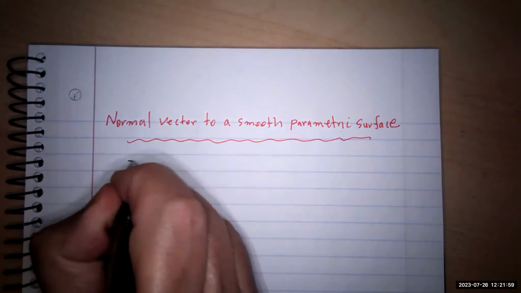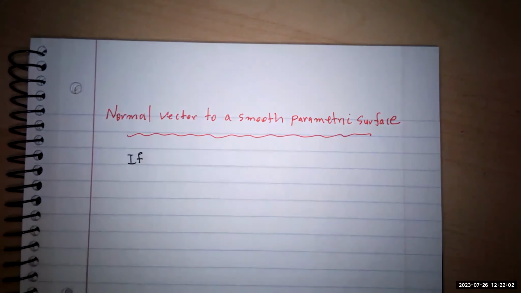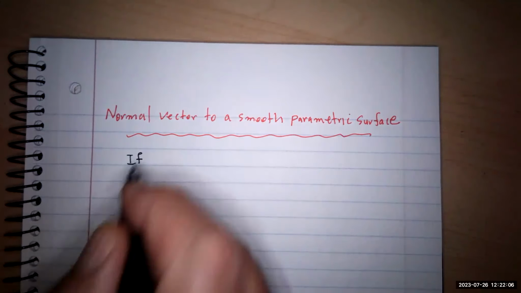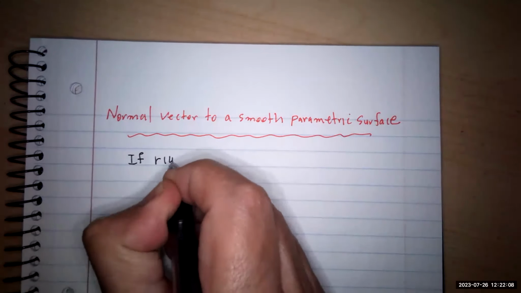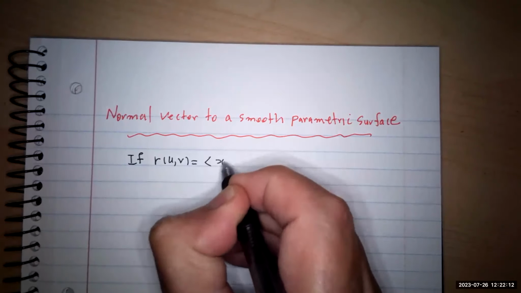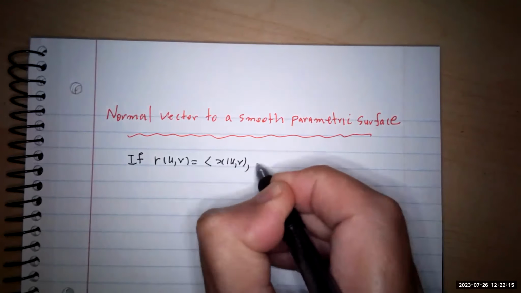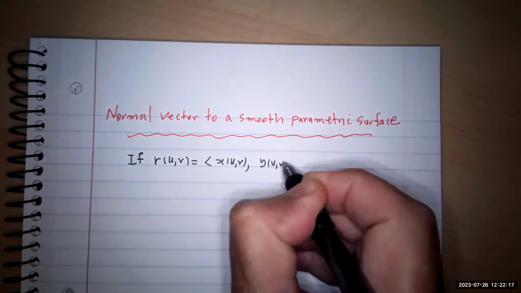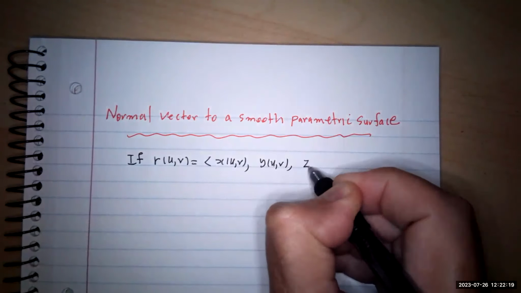This equation would be given and you just do it yourself. Okay, so if r of u, v, now you know what it means, is going to be x of u,v, y of u,v, and z of u,v.